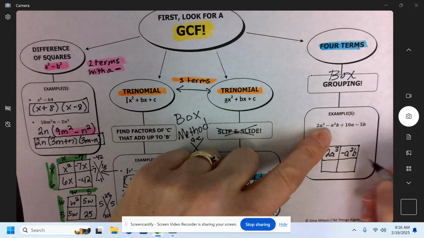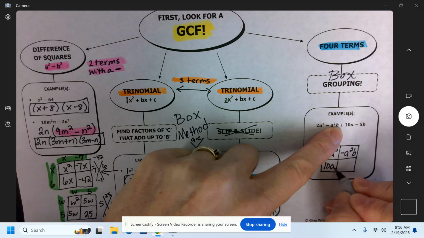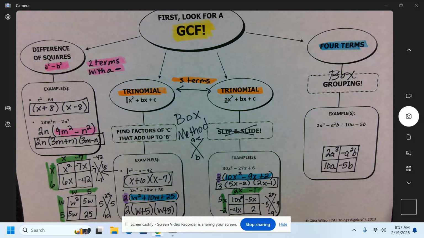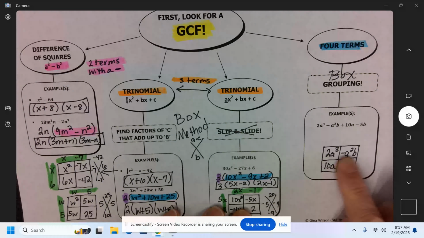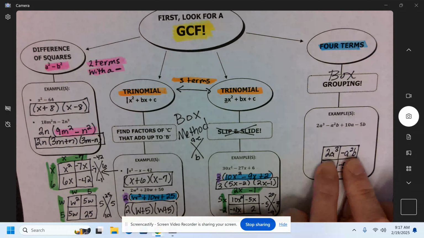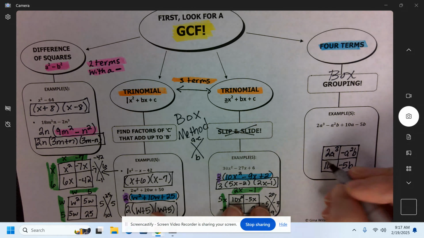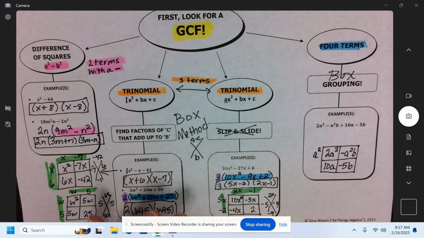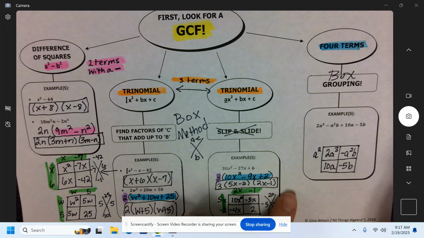Minus a squared b, then the 10a, and then last the negative 5b. Okay? All right. What is the greatest common factor across the top? Well, they don't both have a number, so I can't take out a number, but they do both have an a, and the smallest exponent on an a is a 2, so I can take out an a squared.